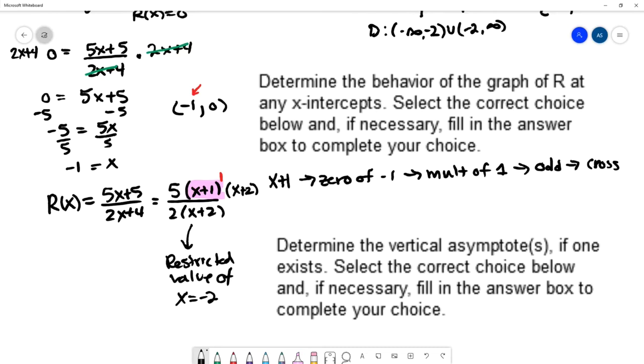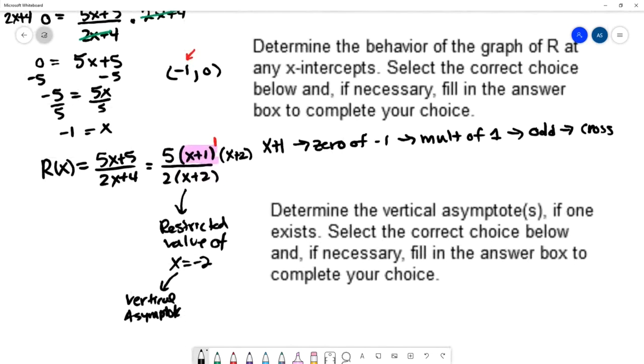That restricted value is either going to be a vertical asymptote or it's going to be a removable discontinuity. And in shorthand, we usually call these holes in the graph.